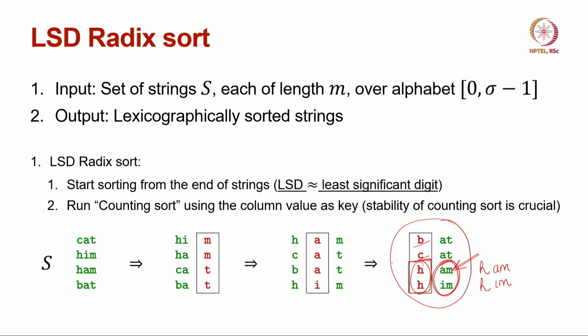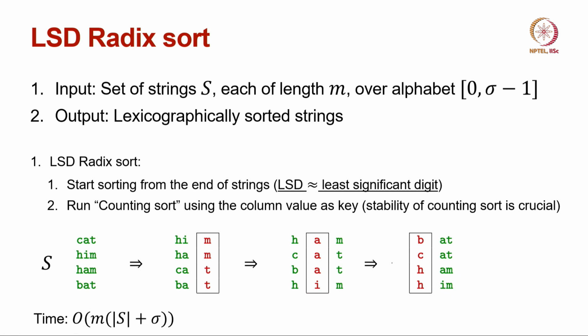Because the length of the strings is m, we are running counting sort m times, and each counting sort will take time s plus alphabet size, which is sigma, because this is the time complexity of the counting sort, and this is how many times we are running this counting sort. So this is the worst case time complexity.